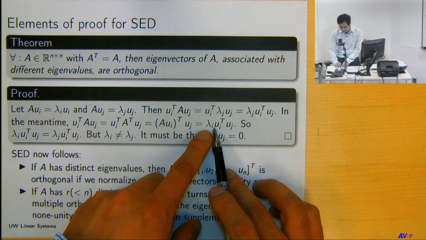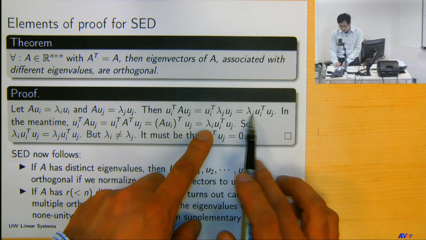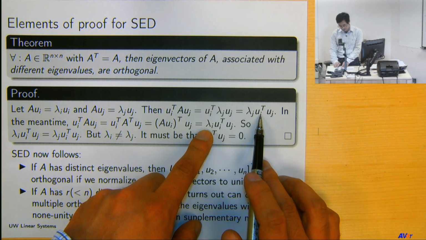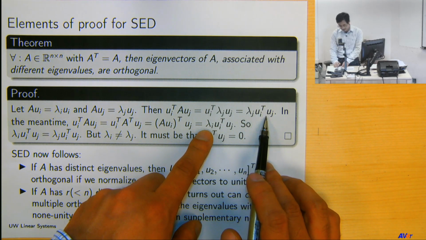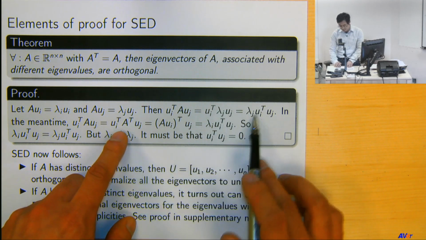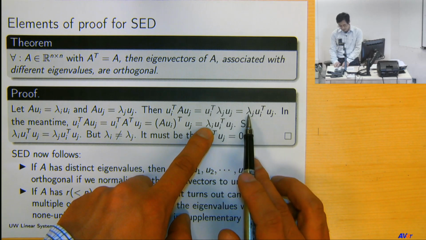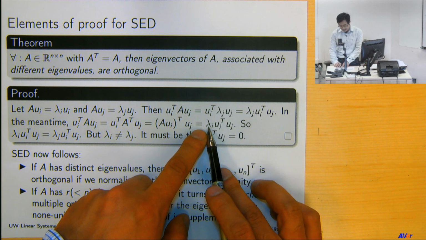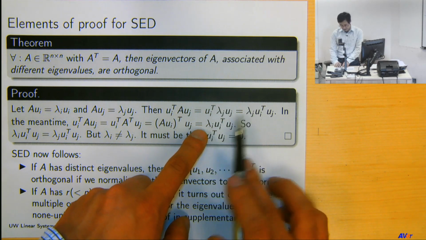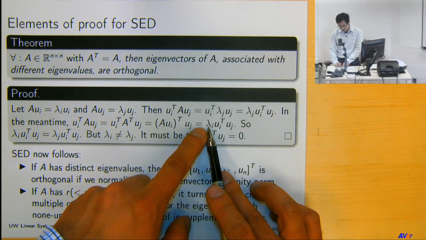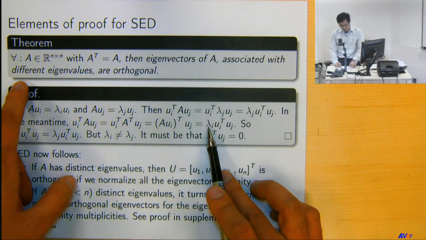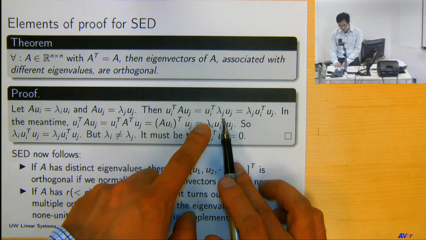It equals lambda i ui transpose uj, and it also equals lambda j ui transpose times uj. And because the same thing equals two expressions, and the eigenvalues, let's say they are distinct, so they are not the same, right? So associated with different eigenvalues, it must be that this is 0.